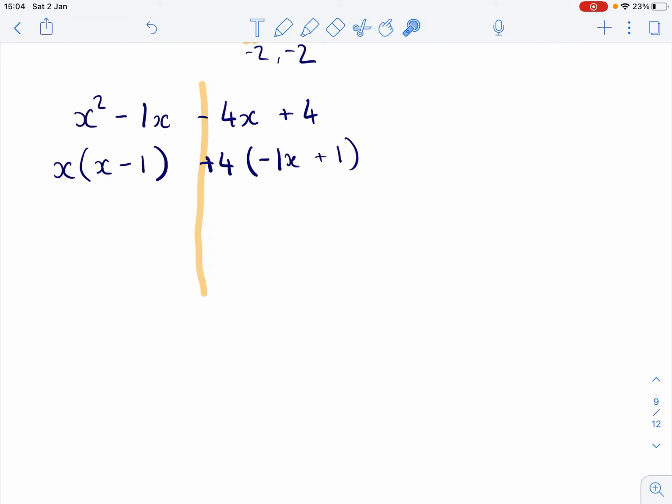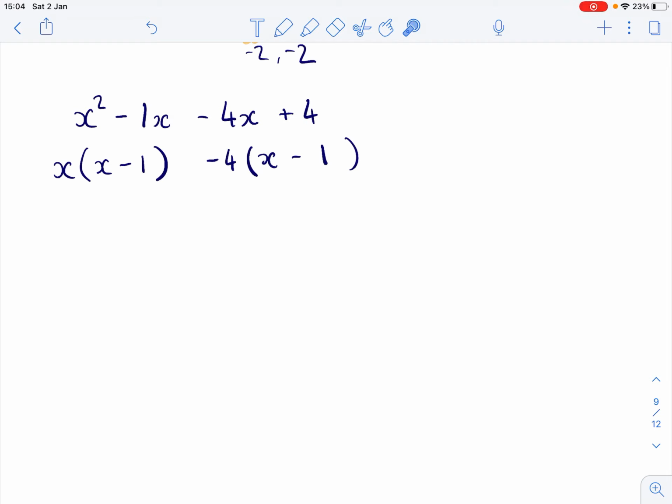So what I'm going to do is actually, as I mentioned earlier, write this the other way round. I'm going to start with the bracket I know I'm ending up with. So I'm going to say x minus 1. Now, what number needs to go in front of this? Well, it's not going to be plus 4, it's going to be minus 4.